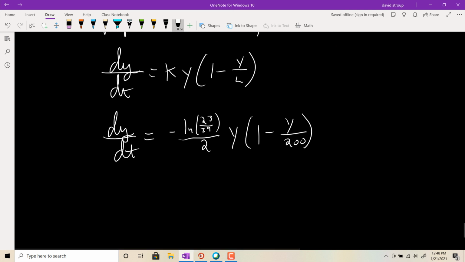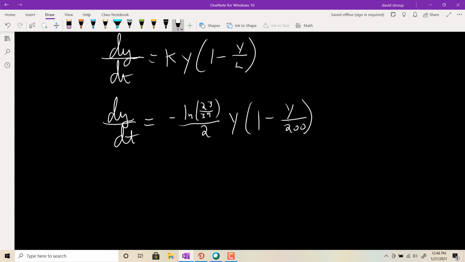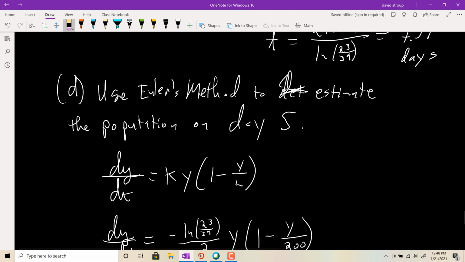Okay, so for our Euler method, you're going to start with x sub 0. We want to do it in terms of a general thing, right? They want you to use an h value of 1, which is pretty unrealistic. It's probably not going to give you a good answer, but we'll try it.